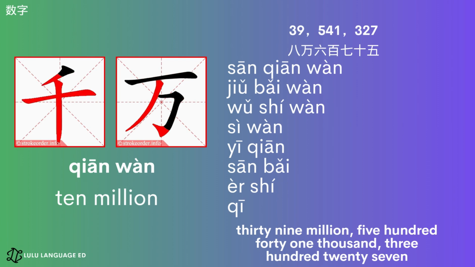And if you're going to read it the native way, they don't repeat the ones. They'd say 3,950,4,000 1,320. That's 39,541,327.